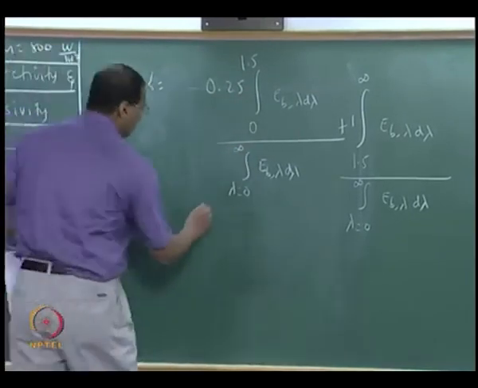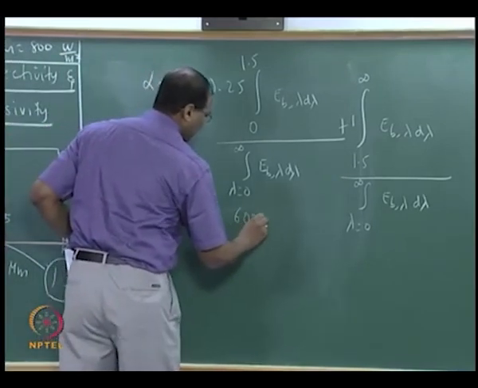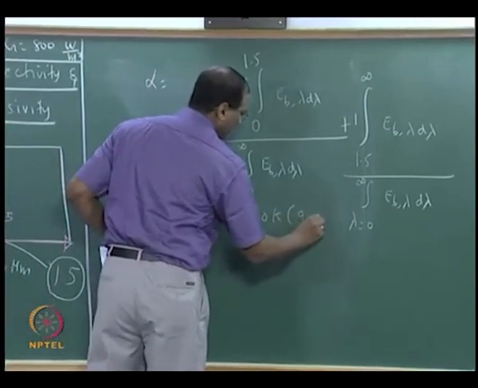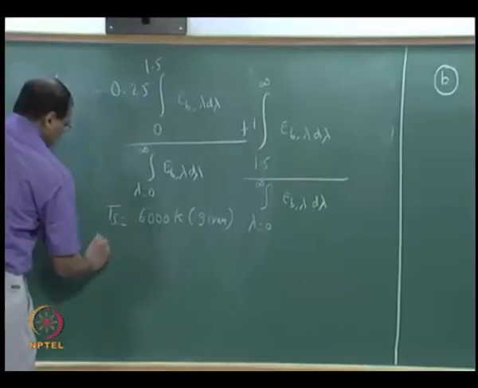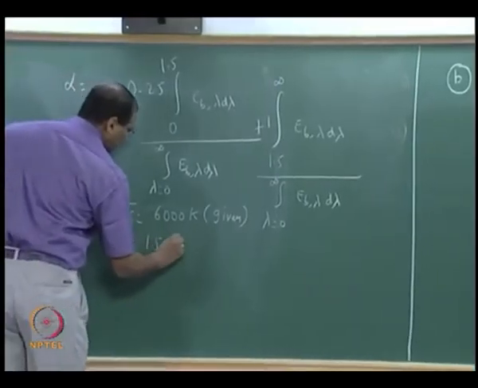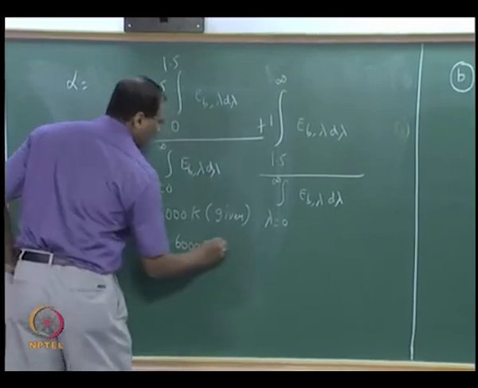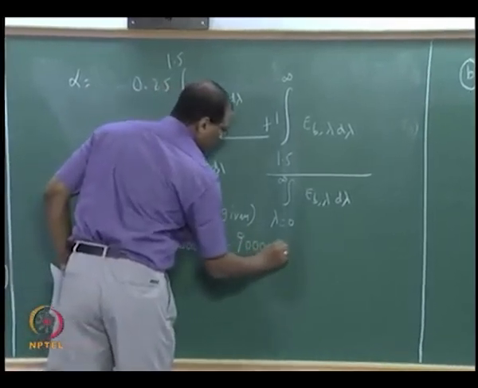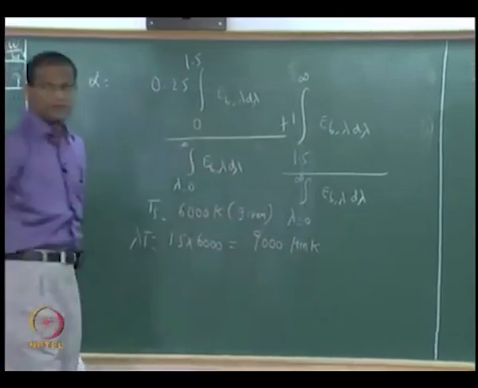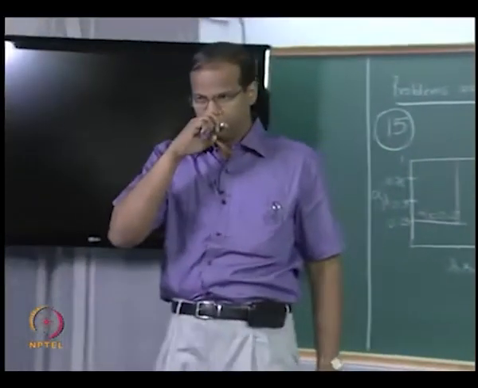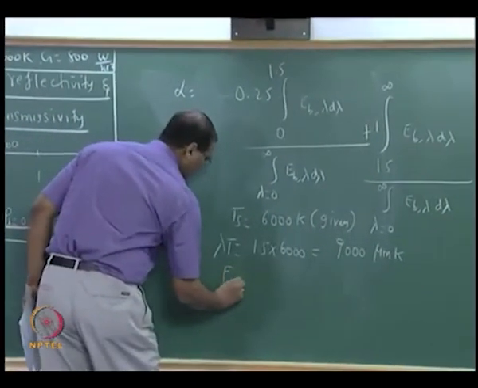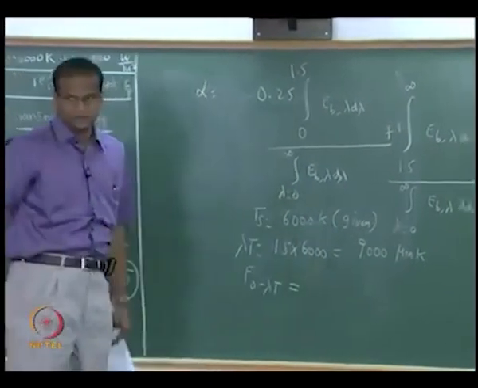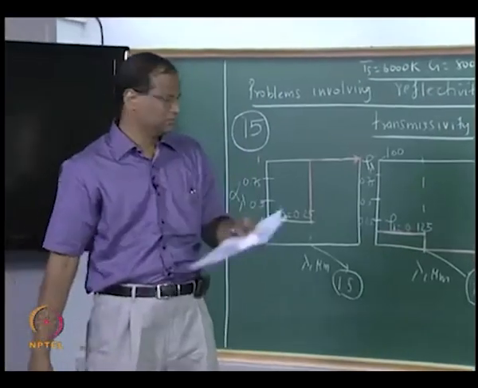So T is already given that T equal to 6000 Kelvin. What is this? 0.89.